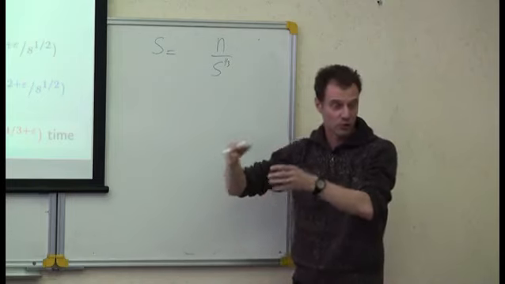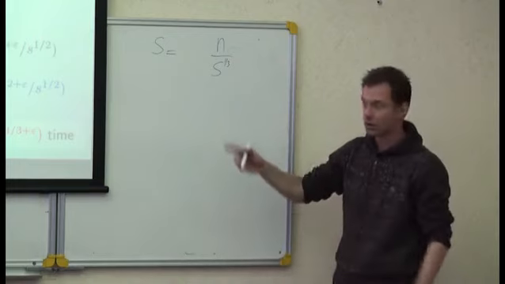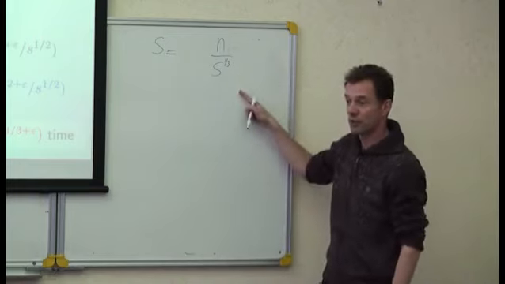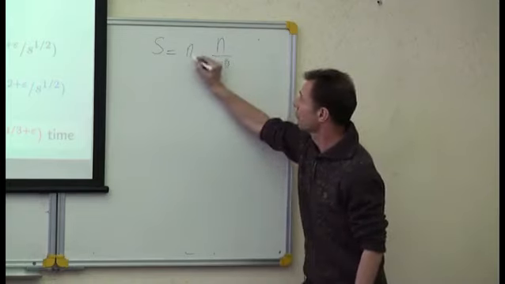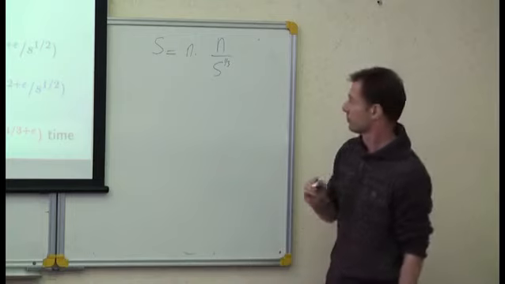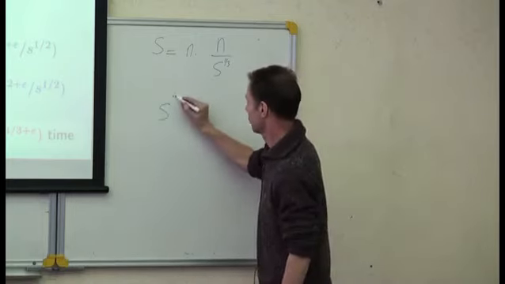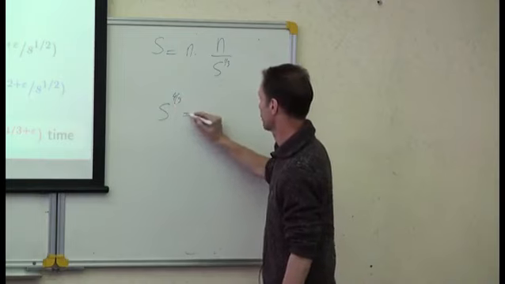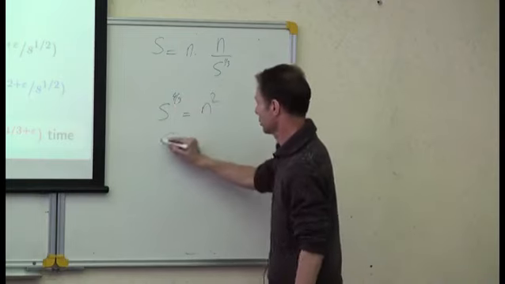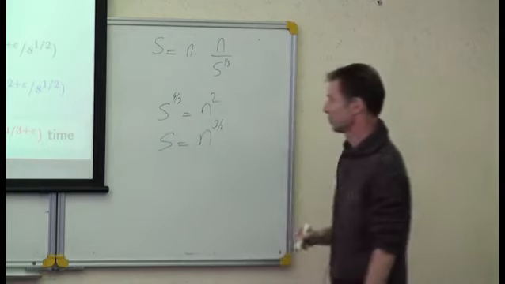Step 2 was to do all these queries. Each query is taking this much time, but I have n of these queries. So here I get S to the 4/3 should be n squared, so S is going to be n to the 3/2.